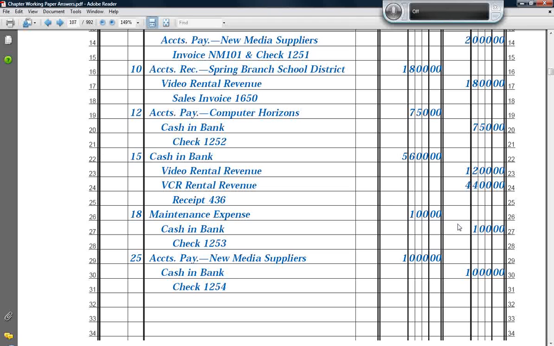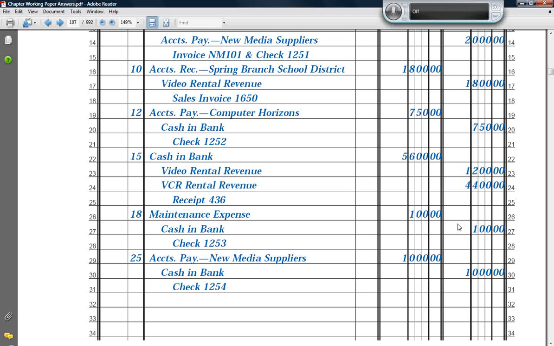I provided two different types of revenue. Both have a credit balance. Both increase with a credit. So video rental revenue increased by $1,200. VCR rental revenue increased with a credit, $4,400. My debits equal my credits, and our source document is receipt 436.